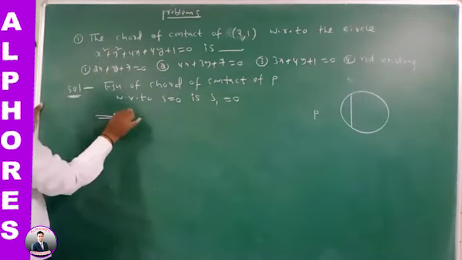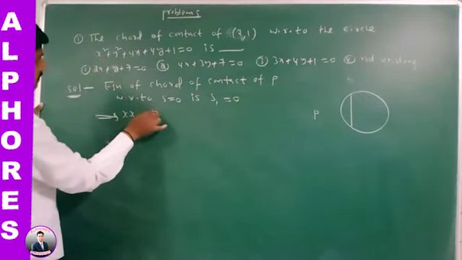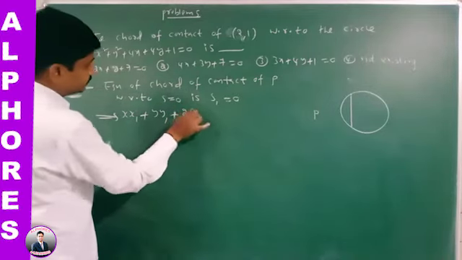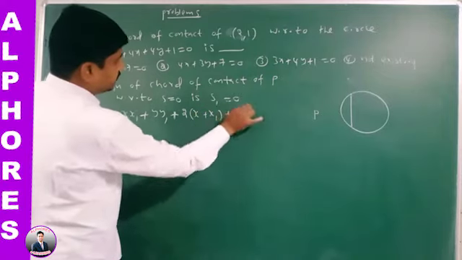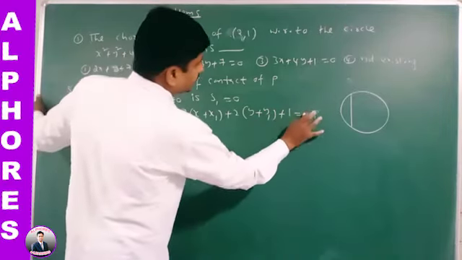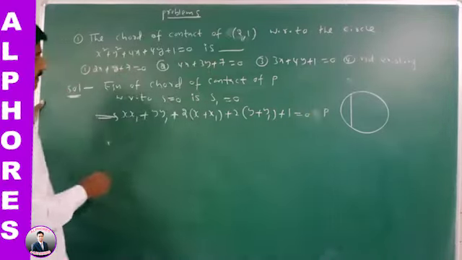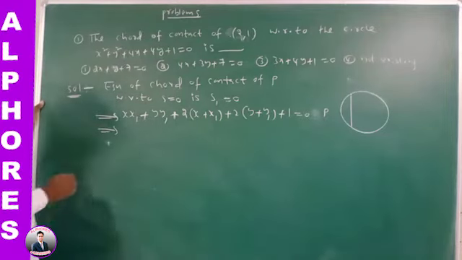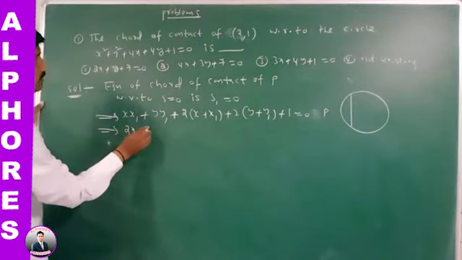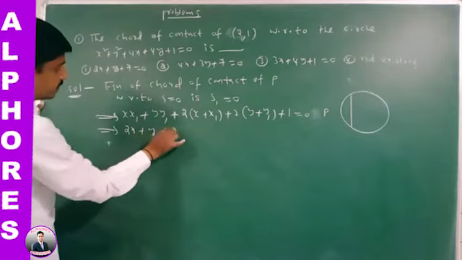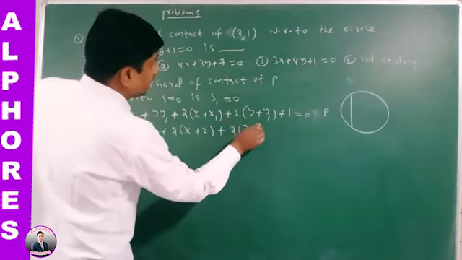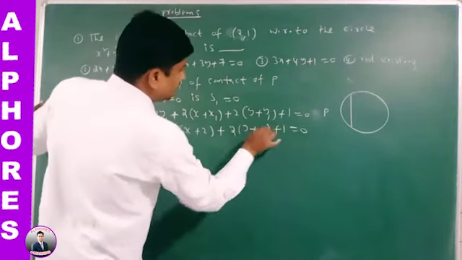S1: x x1 + y y1 + g(x + x1) + f(y + y1) + c = 0. Now, x1 = 2, y1 = 1: 2x + y + 2(x + 2) + 2(y + 1) + 1 = 0.